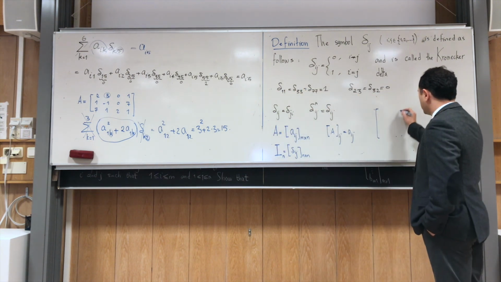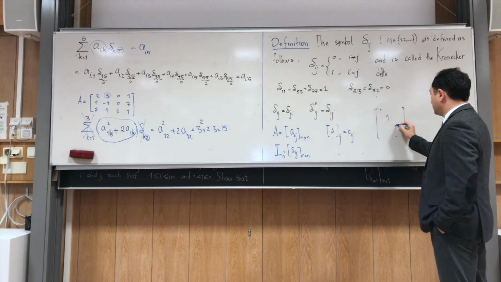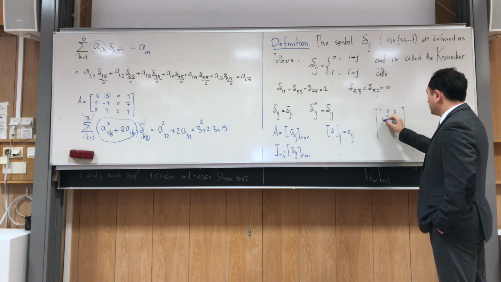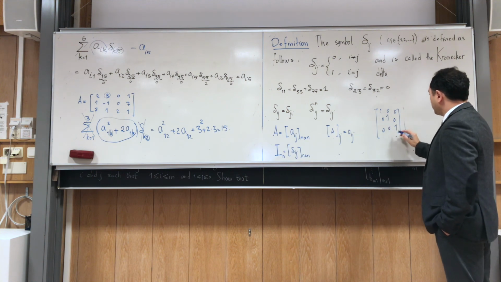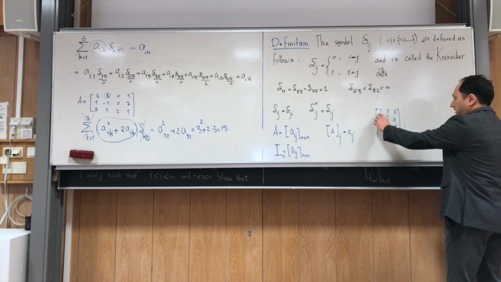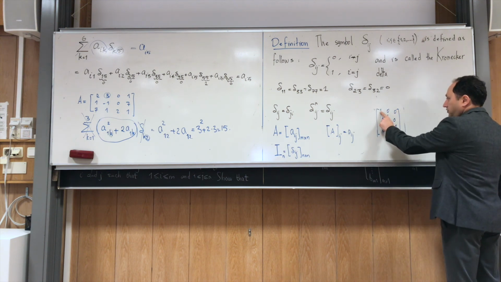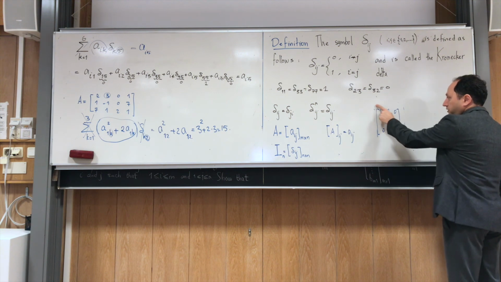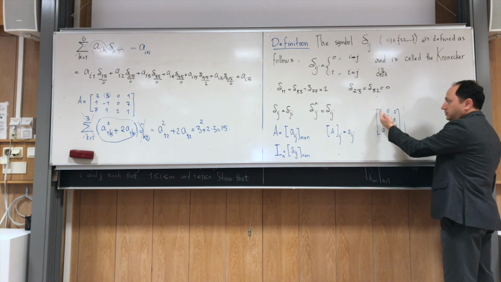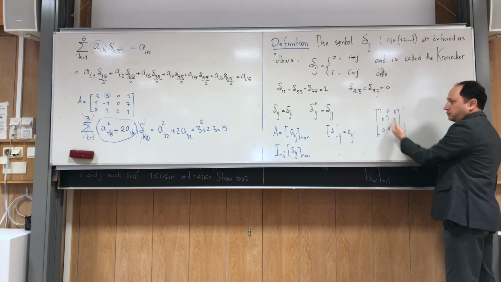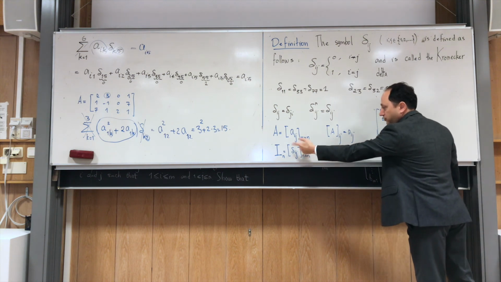For example, let us consider the 3 by 3 case. The entries on the main diagonal are 1, and the others are 0. Why? Do you remember? On the main diagonal, index i and index j are equal, so these are 1. But if I am here or there, the indices i and j are different, so it becomes 0.